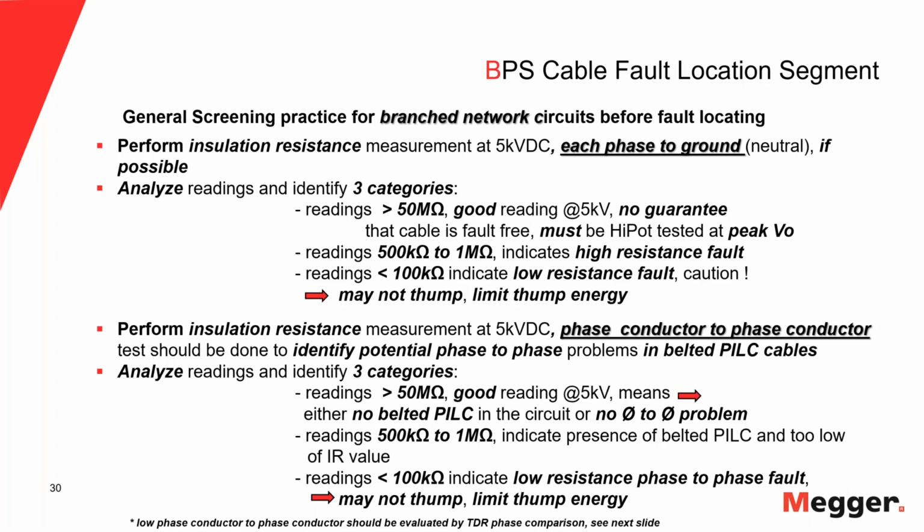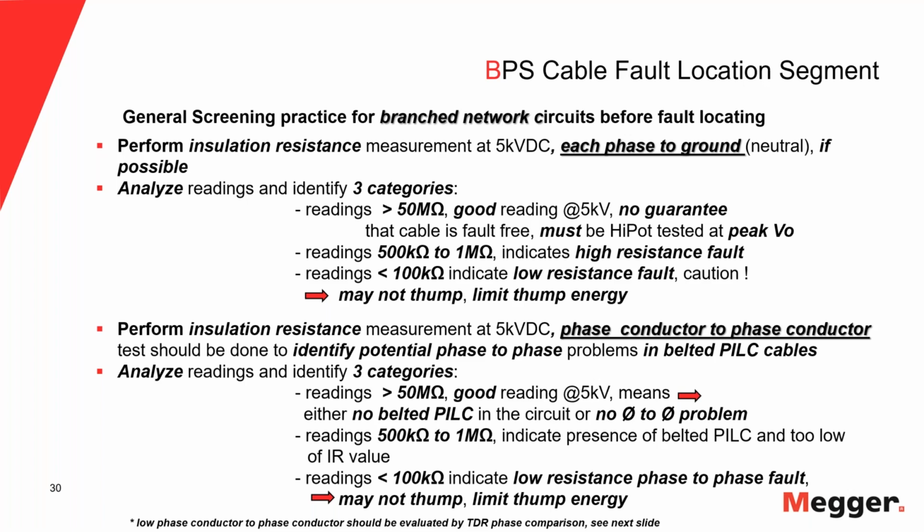Okay, so when we do phase to phase, again, the readings are very similar. On paper cable, paper typically has lower insulation resistance than solid dielectric cable. So you see, I lowered the number down to 50 megohms for a good resistance. If you have a high reading, that means either you have no belted cable or you have no phase to phase problem. One of the two.